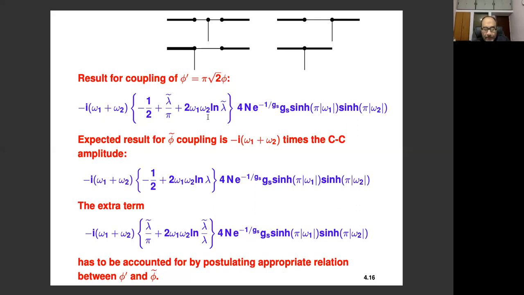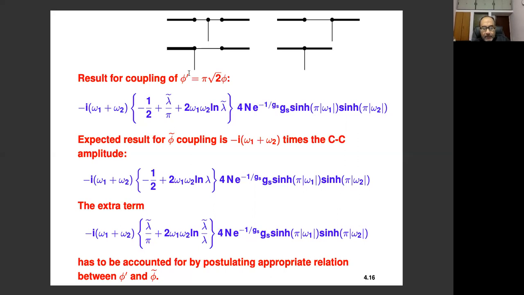So now if you compare these two, you see that they are not the same. The minus half is common, but then there's a lambda tilde over pi extra here. And here there's a log lambda tilde, whereas here there is log lambda. And lambda tilde is lambda times alpha. So in other words, there's an extra term, which is given here. So the coupling of phi prime and phi tilde are not the same.